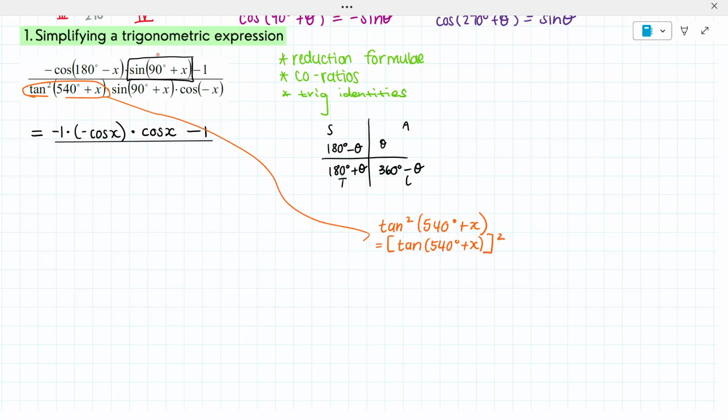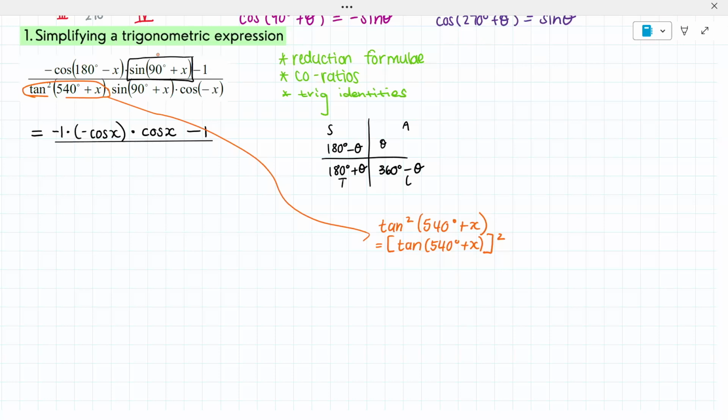That's how I like to write squares. If this tan ends up being a negative ratio, a negative value squared is actually a positive, and where we often trip up is we make a mess of the signs. So if you put it in brackets like this with the squared right outside and figure out the ratio first, it makes life easier.